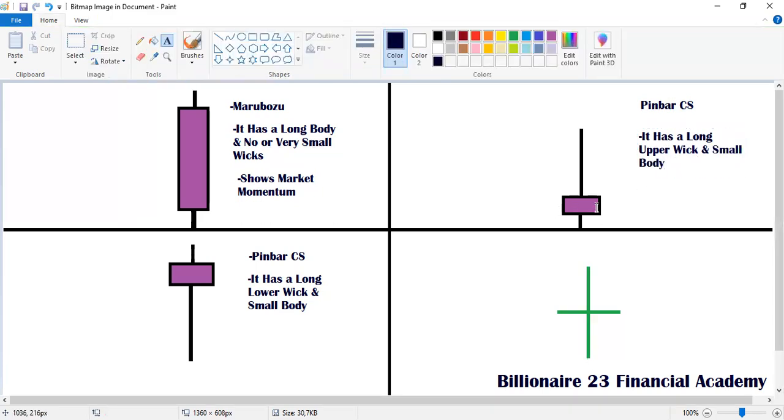It could be green, it could be red. It doesn't matter right now, so long as you get the structure of the candlesticks. I chose these 4 for a very specific reason. You'll understand in video 4.